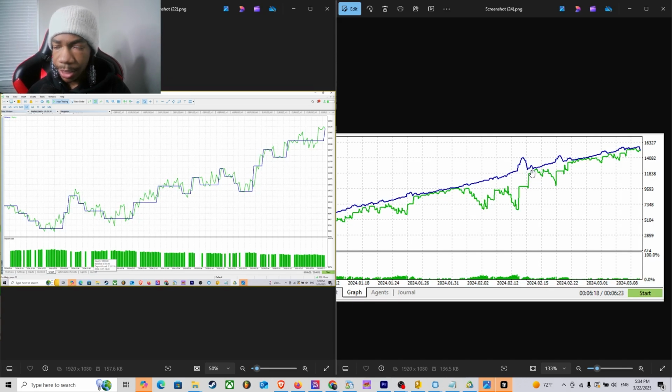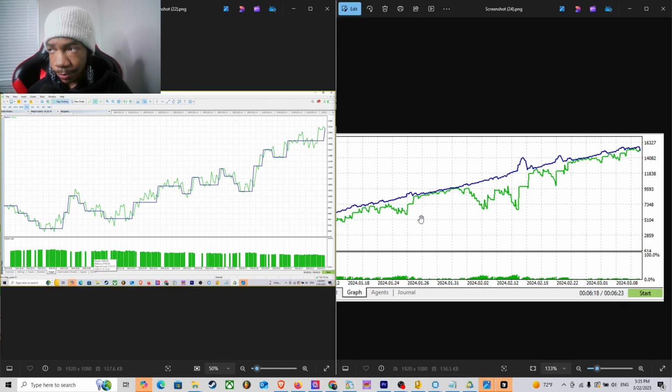I give it about 2 years before it blows. It might not even take that long. It might do it sooner because there are points in the market where price never goes back. Price never touches that price again. Never. It just drops all the way down, keeps dropping. And if you catch that, it's over with your account.